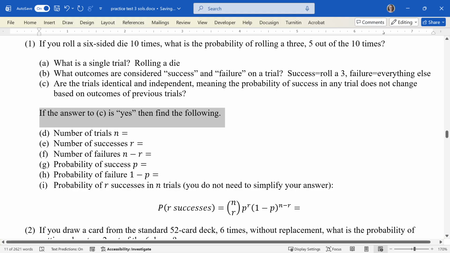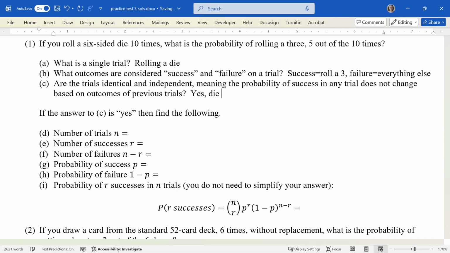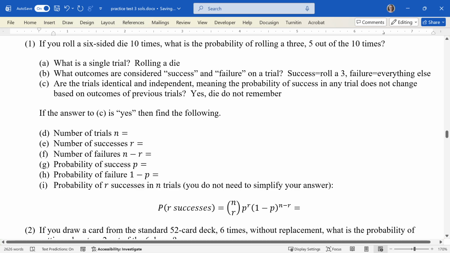Okay, so since the answer to that was yes, I'll just put die do not remember. A very mysterious sentence if you found this out of context. Okay, so since the answer was yes, then we're going to just write down the variables, all of their values, and then we're going to chuck them into this formula right here, and then we're not even going to simplify it. We're just going to leave it like that, and we'll call that good enough.